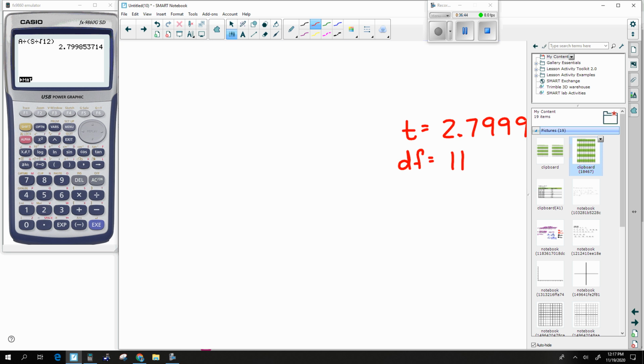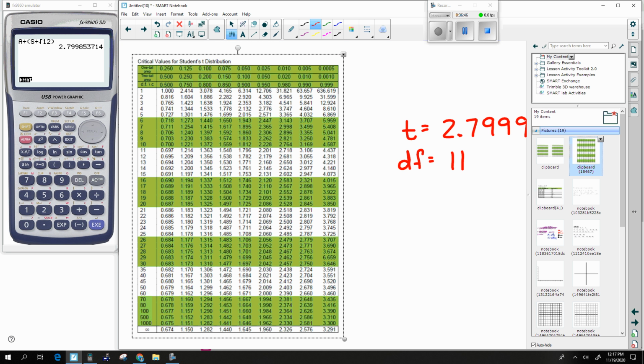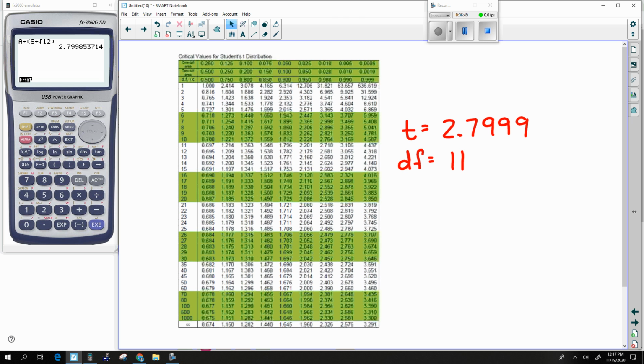Again, make sure you actually use your t-table. Degree of freedom of 11. 2.7999 is in between those two right there. So it's in between 2.718 and 3.106.